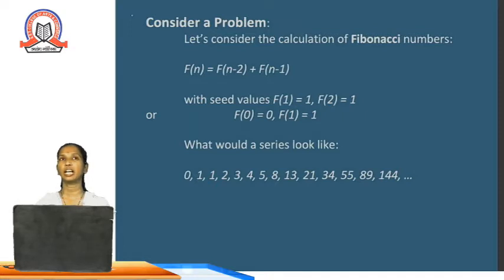If f of 1 is equal to 1 and f of 2 is also equal to 1, then f of 3 will be 1 plus 1, that is 2. Or, if the first two values are assumed to be 0 and 1, then 0 plus 1 comes out to be 1, and then 1 plus 1 is 2, then 1 plus 2 comes out to be 3, and so on. So the Fibonacci value will be the summation of the prior two numbers.